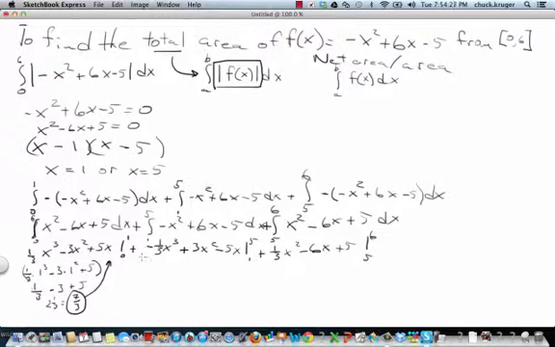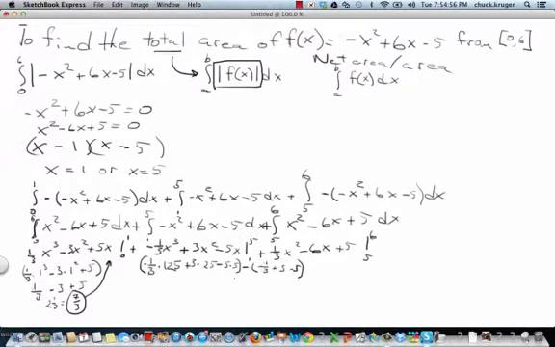So this is going to give me a negative 1/3 times 125, that's what 5 cubed is, plus 3 times 25 minus 5 times 5, minus, and I'm going to put the 1 in there, negative 1/3 plus 3 minus 5.